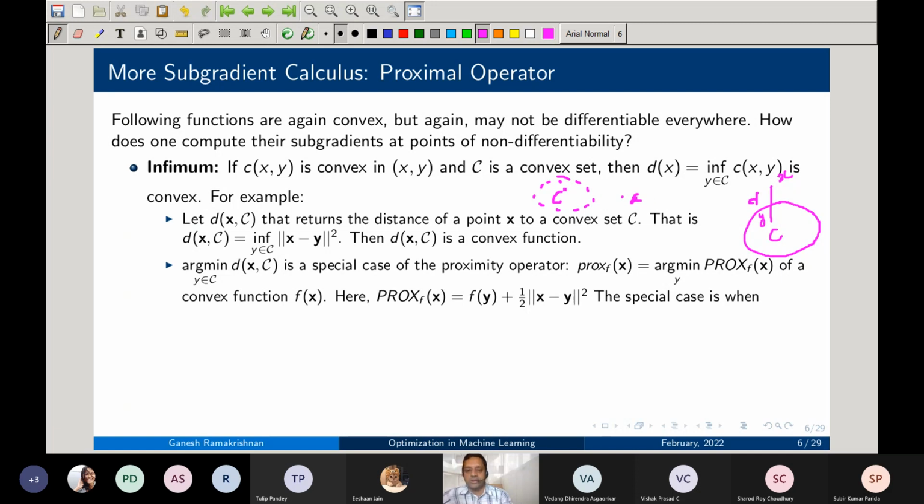Okay, this is an open circle, convex set, open convex set. So this X, the distance of X from the C. I mean, unless you do infimum, there's no minimum. Minimum is not defined. So infimum makes sense. Is that okay? Yes, sir.